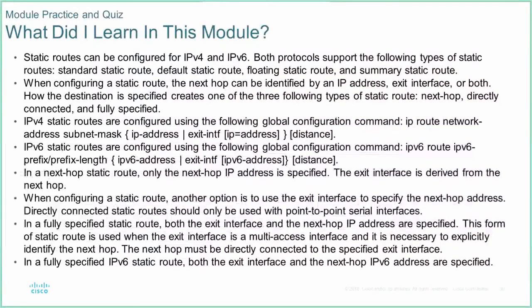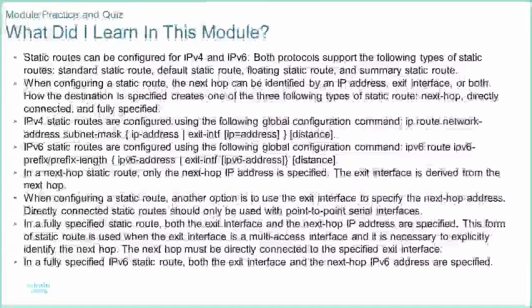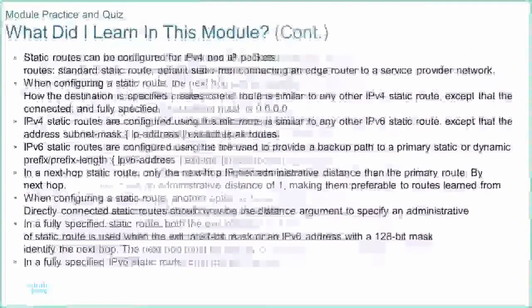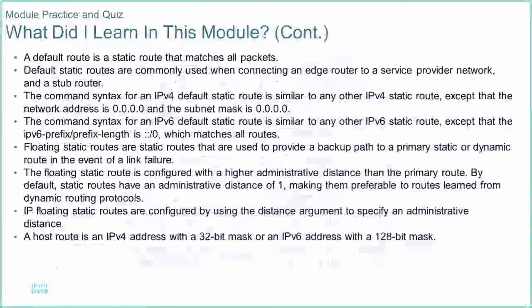We looked at the fact that the syntax of this command structure is the same. Doesn't matter if it's IPv4 or v6. We only change the addressing parameters. We then had a look at what makes up a default route, which is the quad 0.